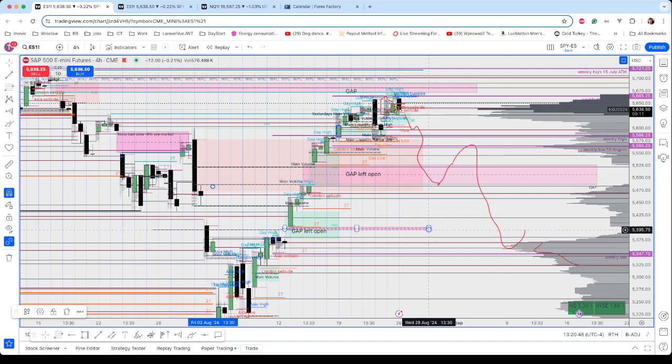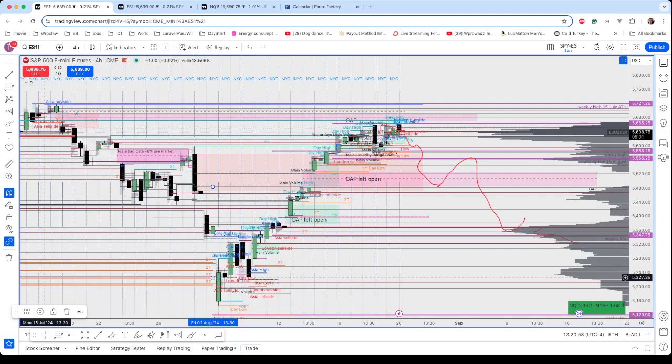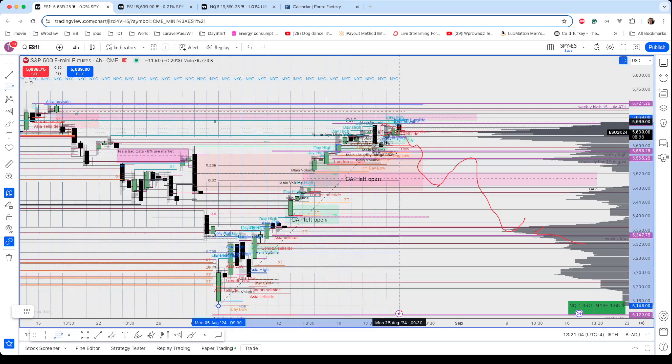Slight, very small, but yeah. Could just tap into this liquidity. And that would have been an optimum trade entry, right? It's a 75% is here. There's a 60% here. Yeah.